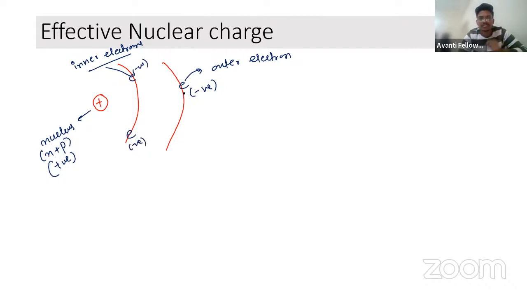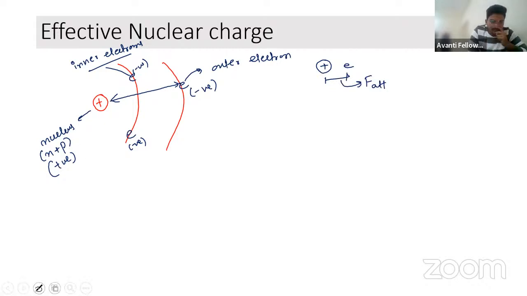So we know one thing: there is a positive charge and a negative charge, so there is a force of attraction between the nucleus and the electron. Simultaneously, between this electron and this electron, what is going to happen?